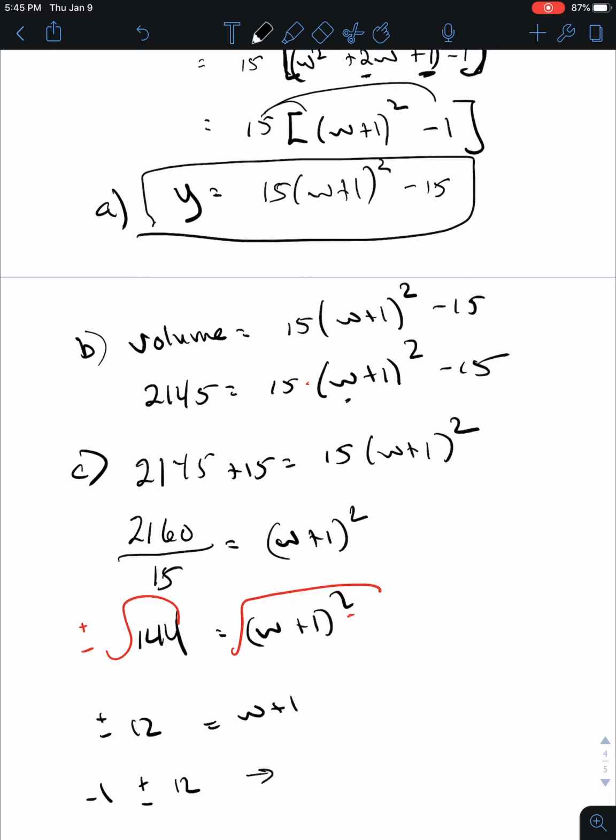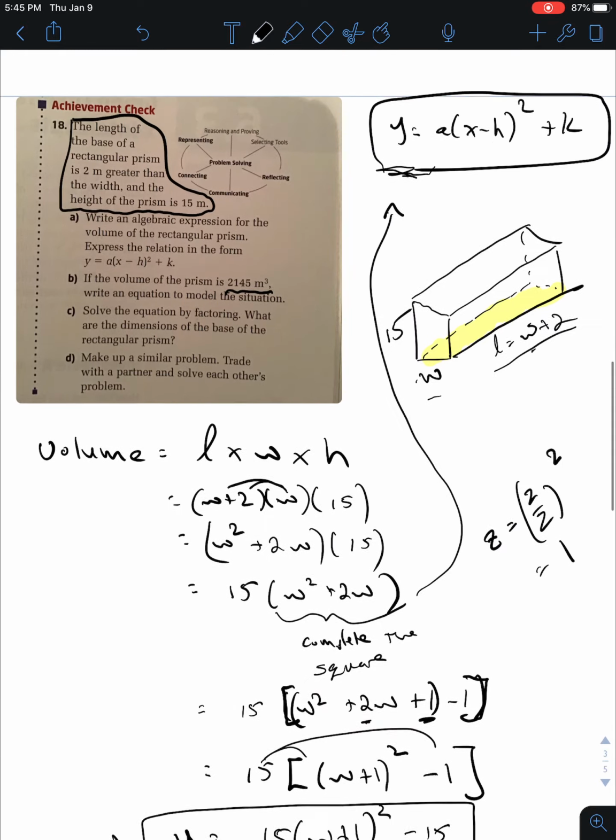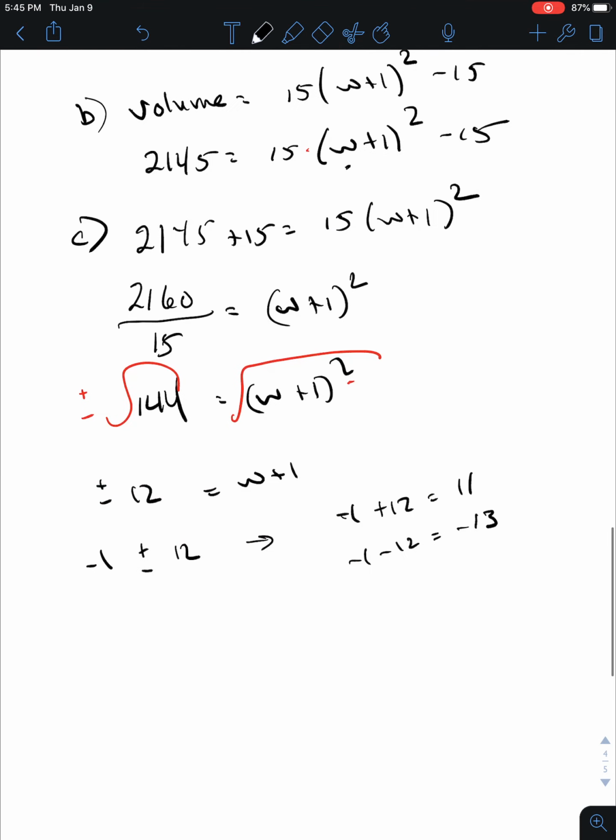So you're going to get negative 1 plus 12 is going to equal 11, and negative 1 minus 12 is equal to negative 13. Now, here's the problem. It doesn't make any sense to have a negative width, right? So you get to ignore that one. So then in actuality, W is going to be equal to 11.